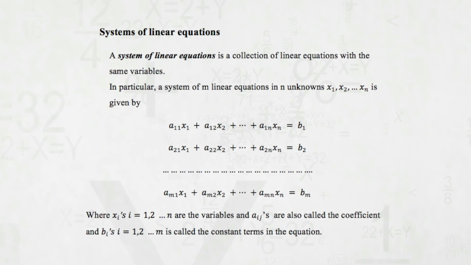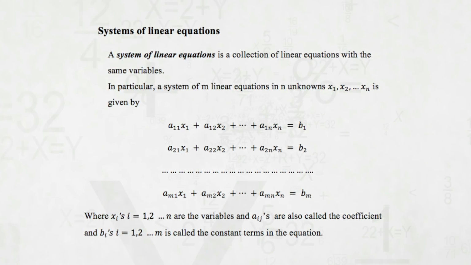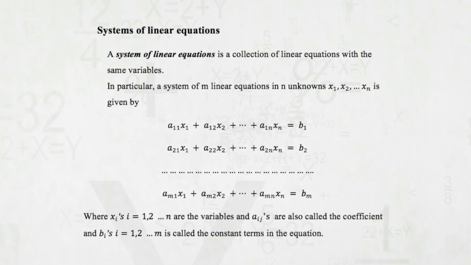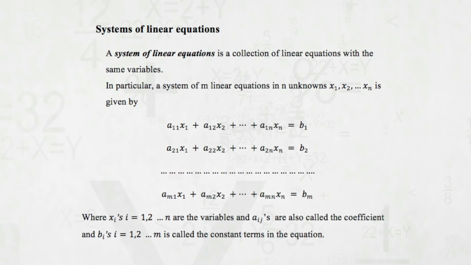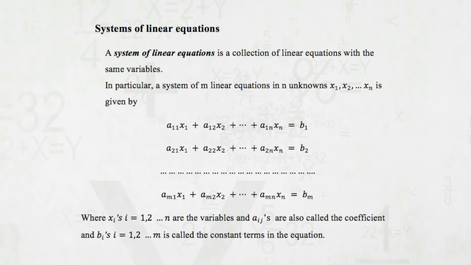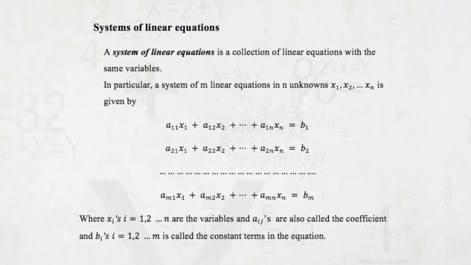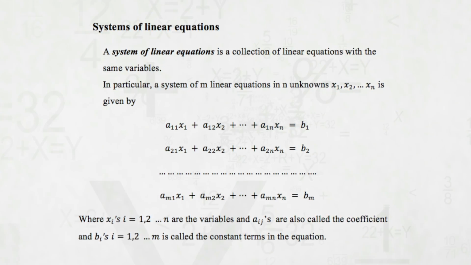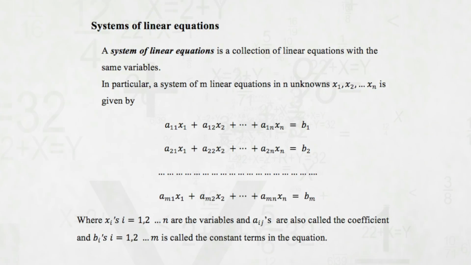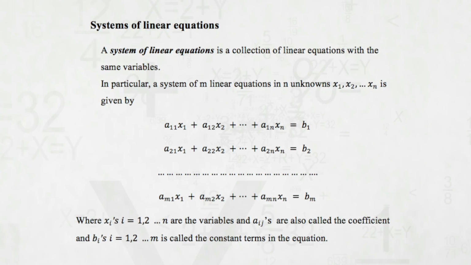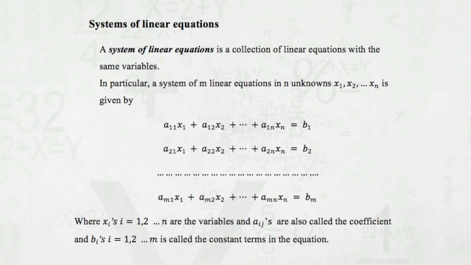Similarly, a21 x1 plus a22 x2 plus etc. plus a2n xn is equal to b2, and so on up to am1 x1 plus am2 x2 plus etc. plus amn xn is equal to bm. So, this is a system of linear equations with n unknowns and m equations, where the xi's, ranging from 1 to n, are the variables, the aij's are called the coefficients, and the bi's, ranging from 1 to m, are called constant terms in the equation.